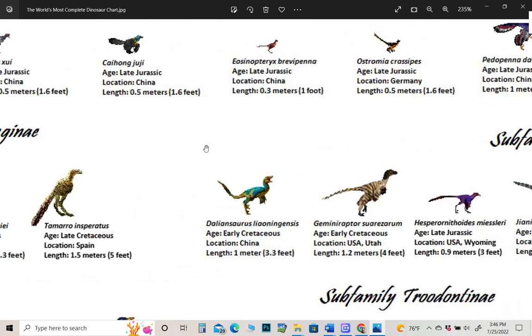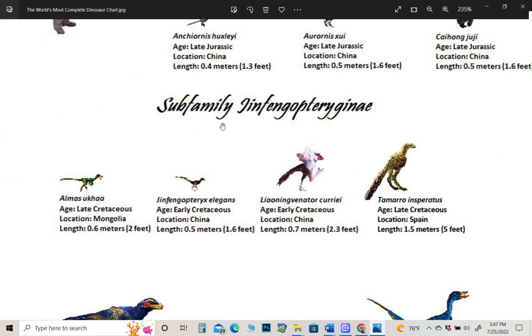And we have the Jinfengopterygids, or actually Jinfengopterygines here. Technically, this is actually a full-blown subfamily, not even a family.